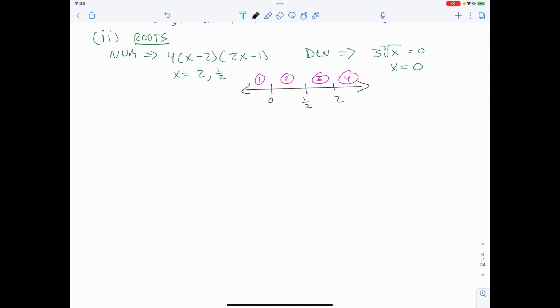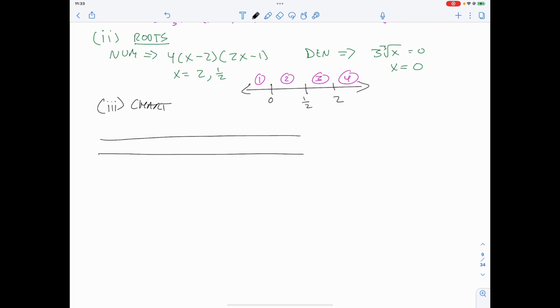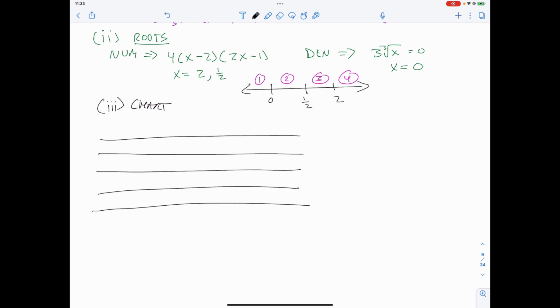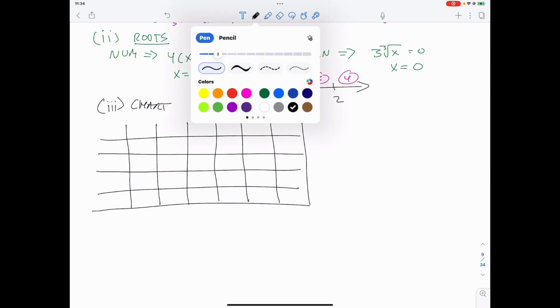So I have 4 intervals. I have 4 factors, and then I have my f prime of x and my f of x.